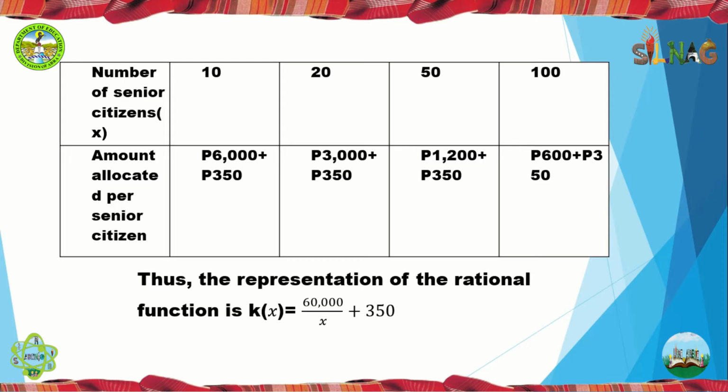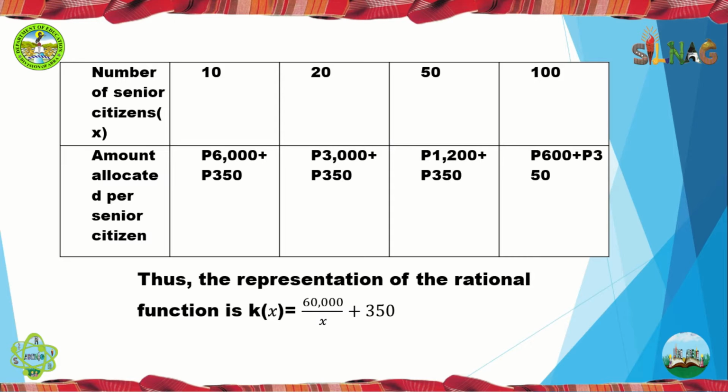If we have 20 senior citizens, the amount allotted will be 3,000 pesos plus 350 pesos. Then if we have 50 senior citizens, we have 1,200 pesos plus 350 pesos. Then if we have 100 senior citizens, we have the amount as 600 pesos plus 350 pesos.